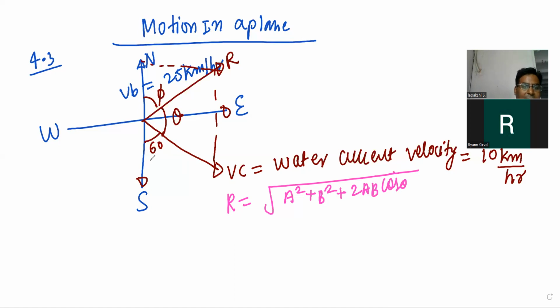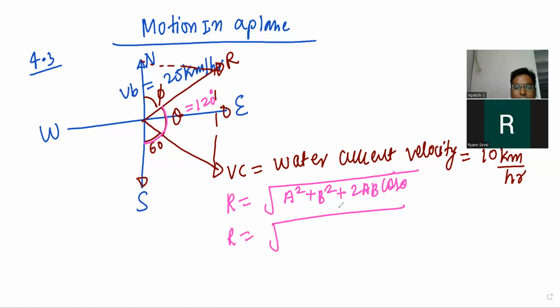So see here. This angle is 60, right? And the sum of this angle will be how much? 180. So it will be 120, right? Now put the value.